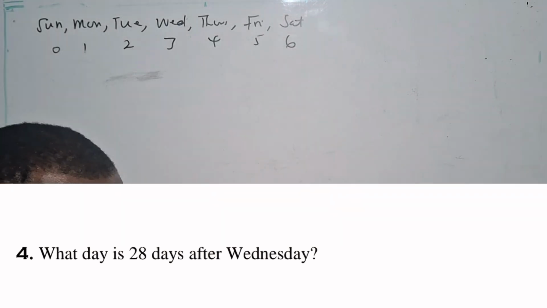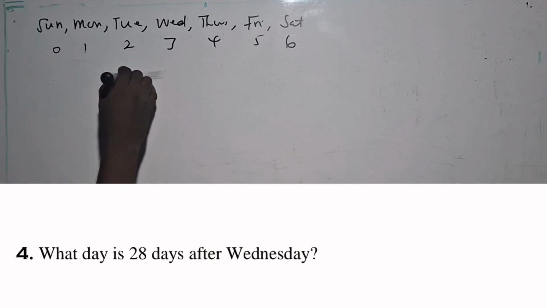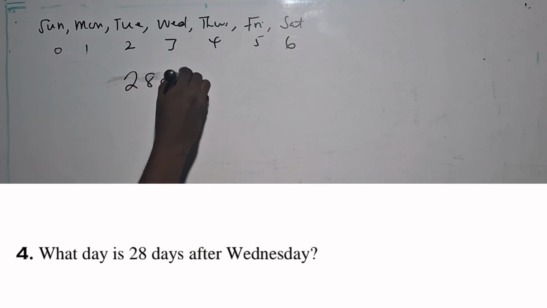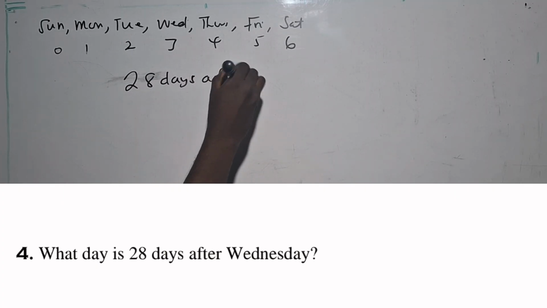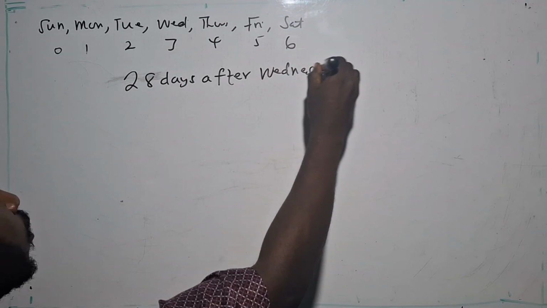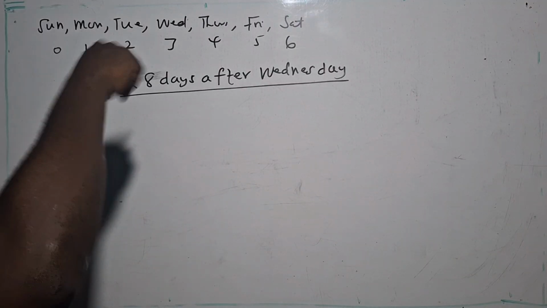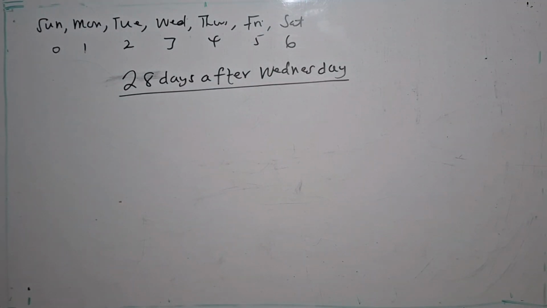Let's take another question on this. The question on the screen says, what day is 28 days after Wednesday? So now you are going to count 1, 2, 3. It's going to waste time; you would have to sit down and count so many things.